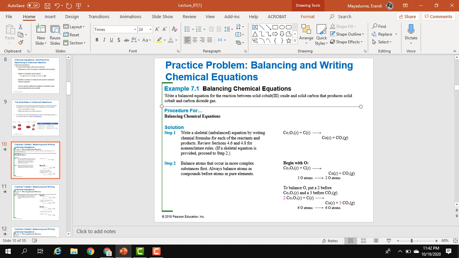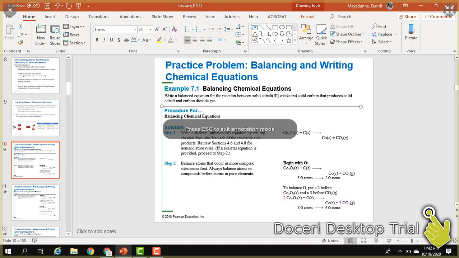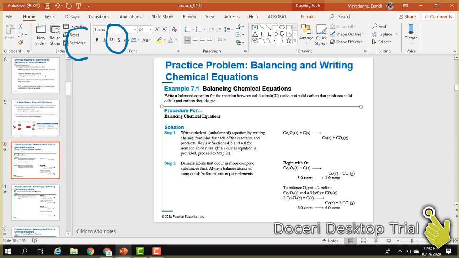Whenever we say cobalt 3 oxide, how do you write cobalt oxide? Cobalt is Co. What is 3? 3 means the charge of cobalt is 3, so Co 3 plus.